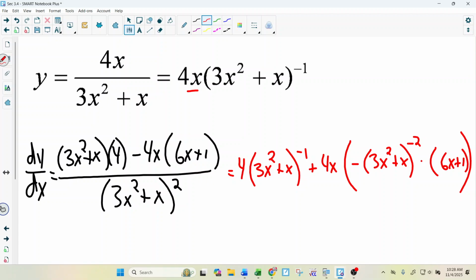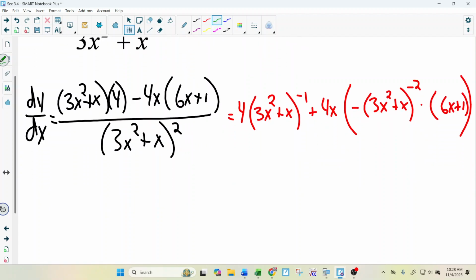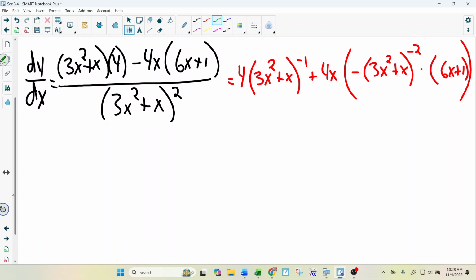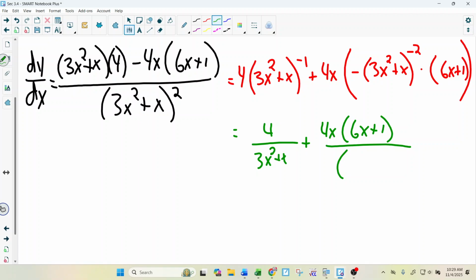Now, those don't necessarily look exactly the same, but they are the same because, let me write this over here, and we wouldn't necessarily do this, but I just want to show you this. This over here, if you do the negative exponents, is like this.